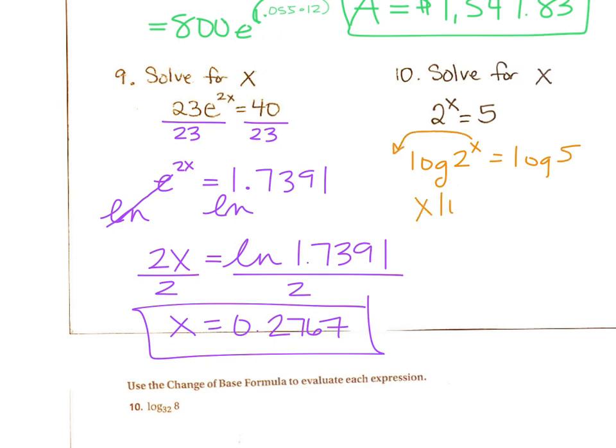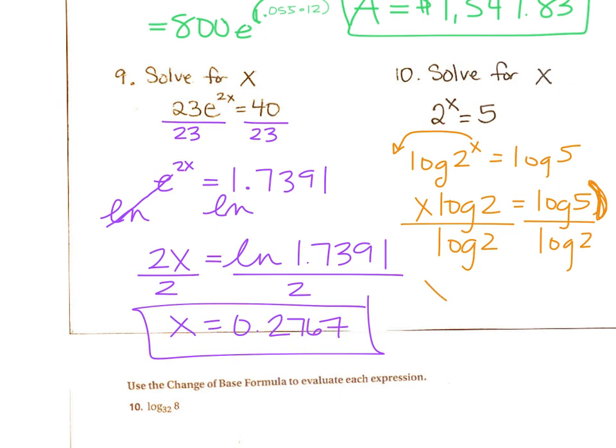So it's x log 2 equals log 5, and then we divide by log 2, divide by log 2. Remember that parenthesis here? That really matters. When you plug that in, log 5 divided by log 2, you get x equals 2.3219.